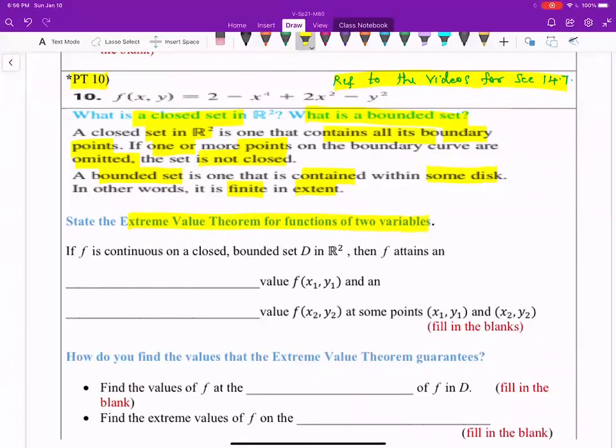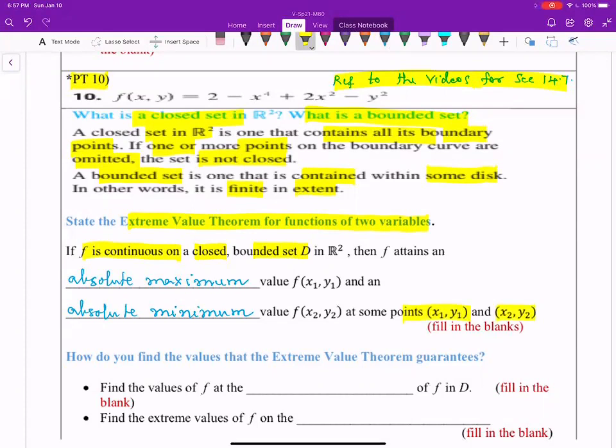Then the extreme value theorem for functions of two variables: if f is continuous on a closed and bounded set D in R2, then f attains an absolute maximum value f(x1, y1) and an absolute minimum value f(x2, y2) at some points (x1, y1) and (x2, y2).